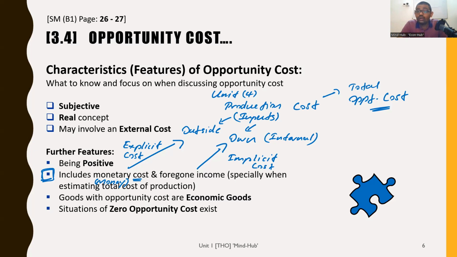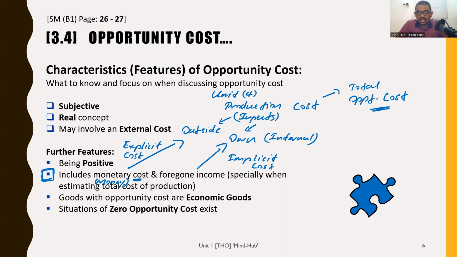So I am foregoing an income, rental income. That foregone rental income for using my own building in my own business is also a cost. It is an implicit cost, and I am foregoing an income. That income I have to consider as an opportunity cost. Cost in economics is opportunity cost. I have to take that. If it's 50,000, 100,000, whatever, I have to take that as a cost.